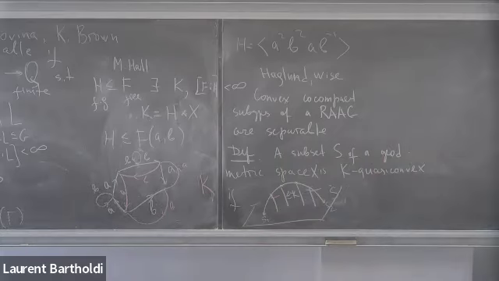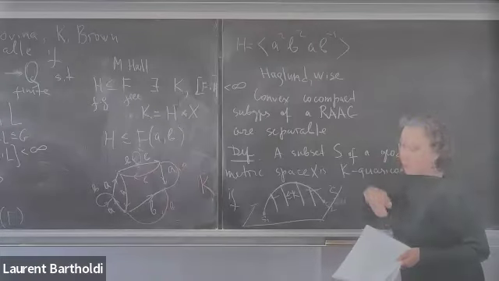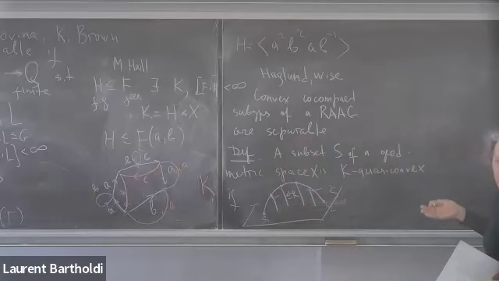Now, a subgroup is quasi-convex if, acting on some geodesic metric space, the orbit of each point by the subgroup is a quasi-convex subset.